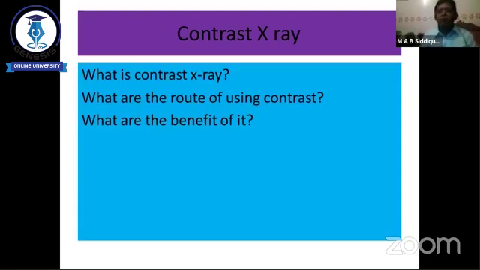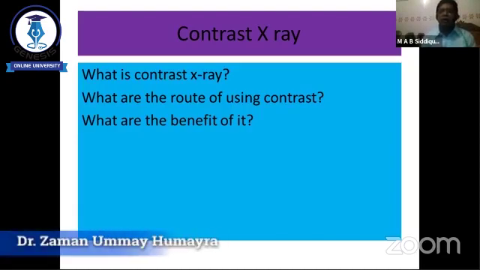With an oral dye like barium sulfate, by modifying the plain X-ray by adding dye, we can see the whole GI tract: esophagus, stomach, small intestine, large intestine.